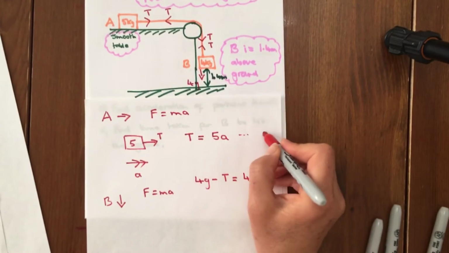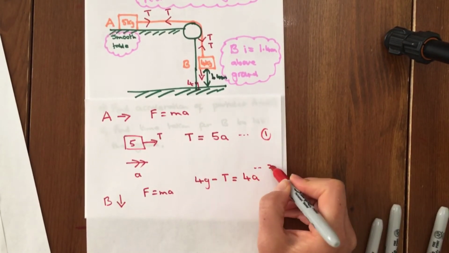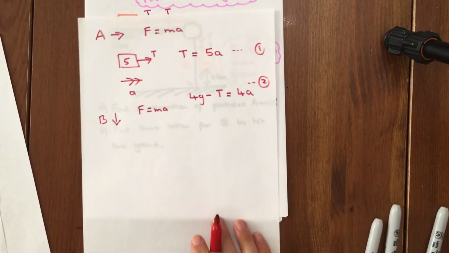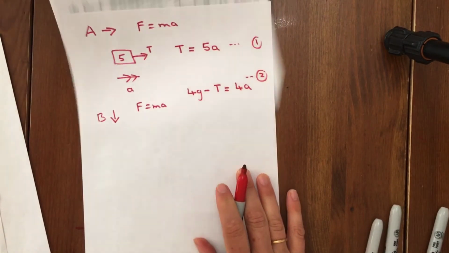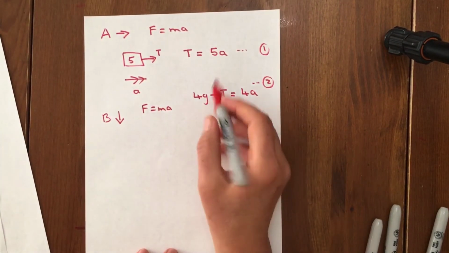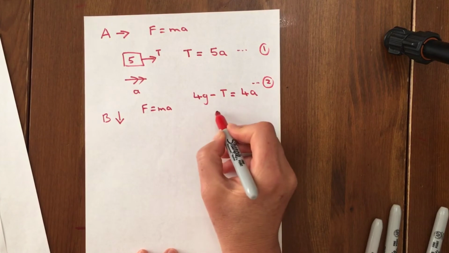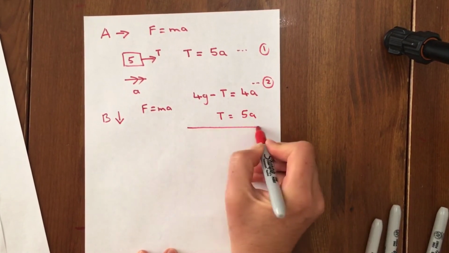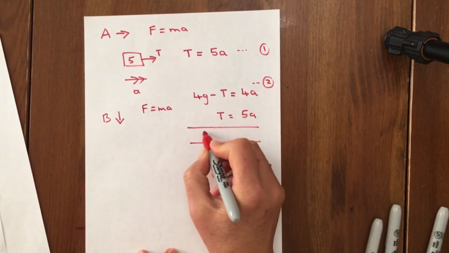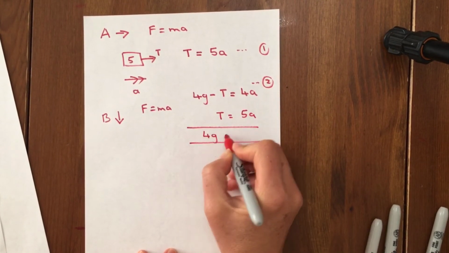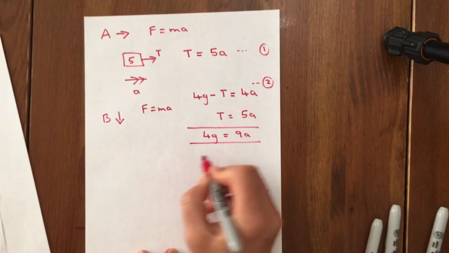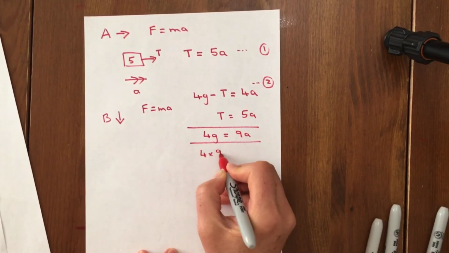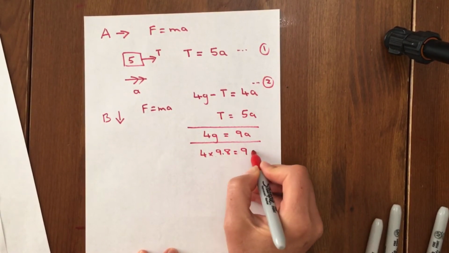So I've got my two equations which I now need to solve simultaneously. I'm going to write the other equation underneath: T equals 5a. I'm going to add these two equations. So I've got 4g equals 9a. That's 4 times 9.8 equals 9a.